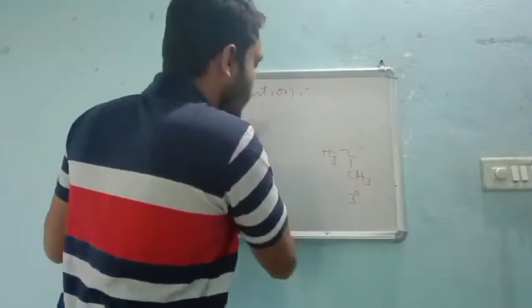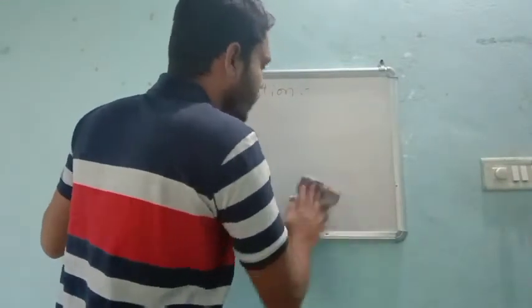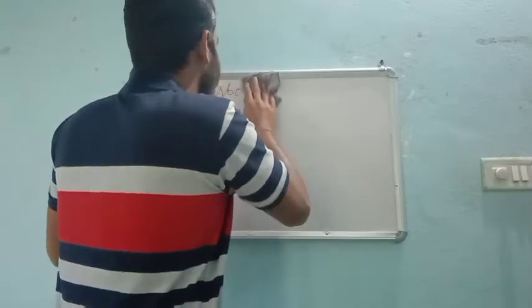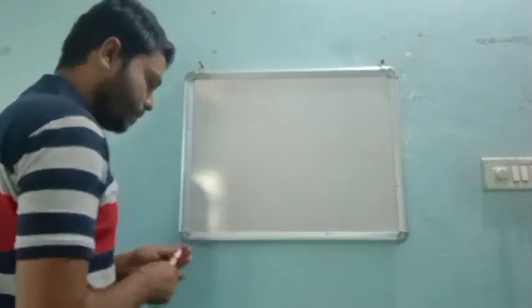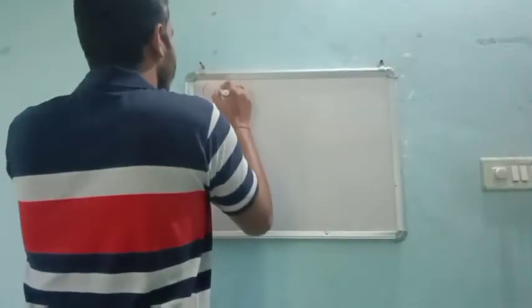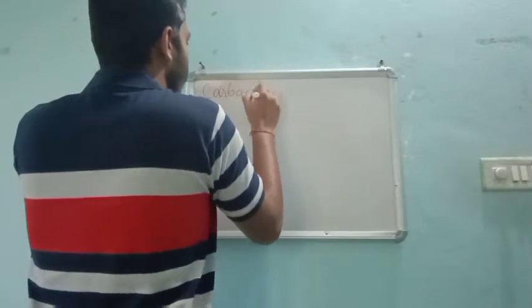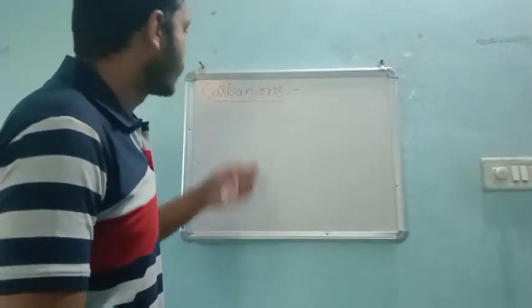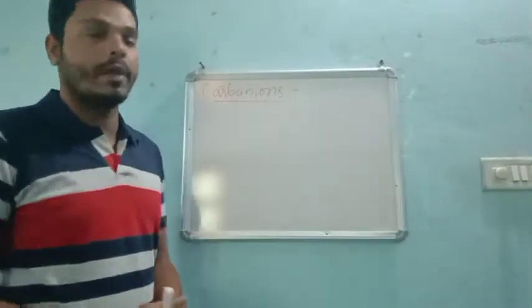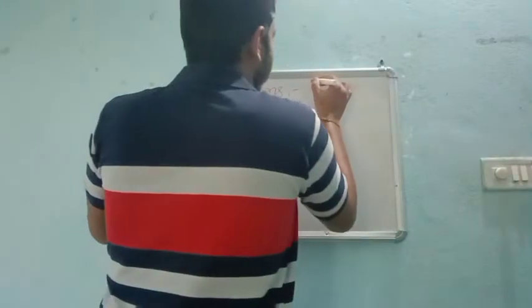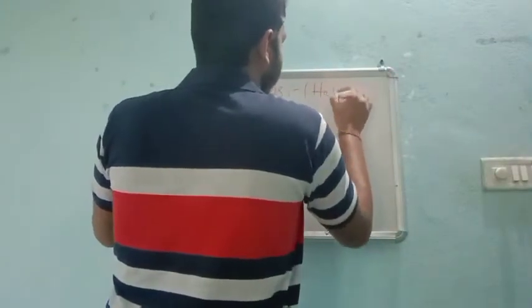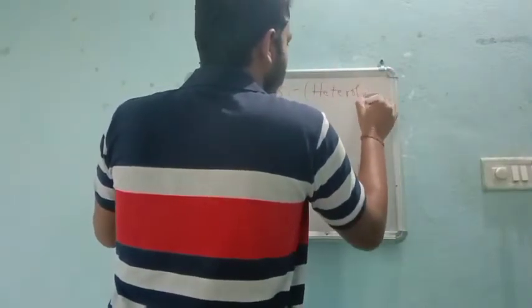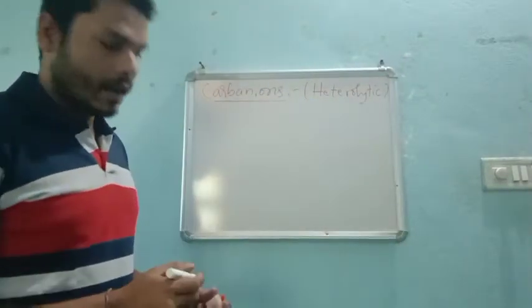But in today's class, we will see the second type, that is carbanion, carbon ions. Again, here also the same process: whenever the heterolytic cleavage takes place, then only the carbanion can form.